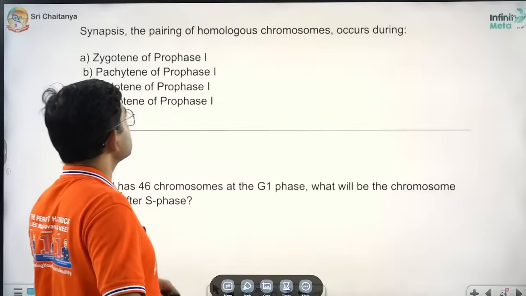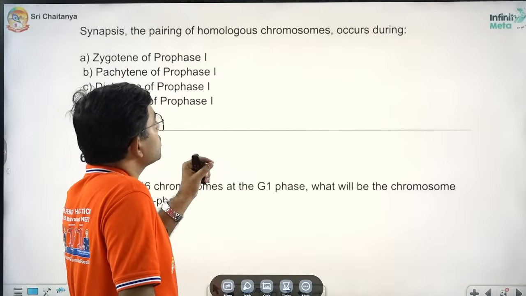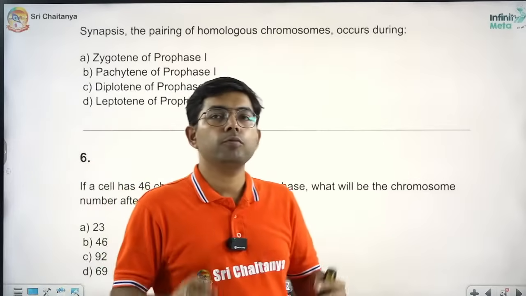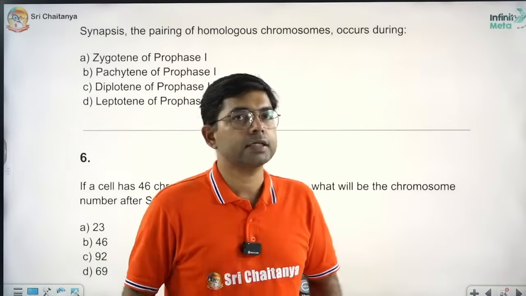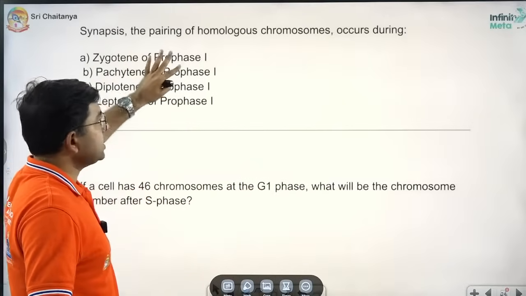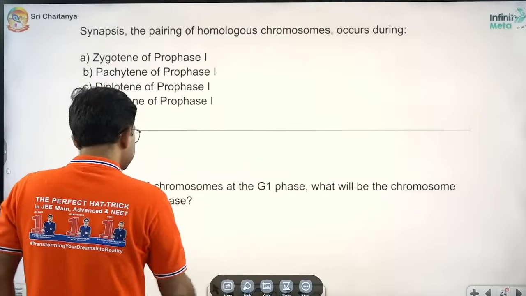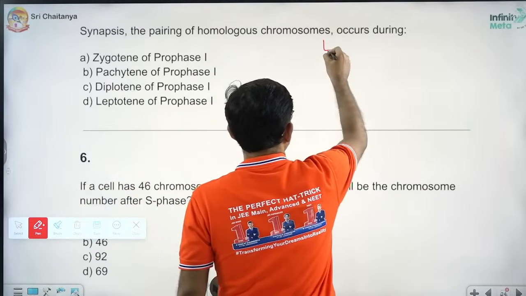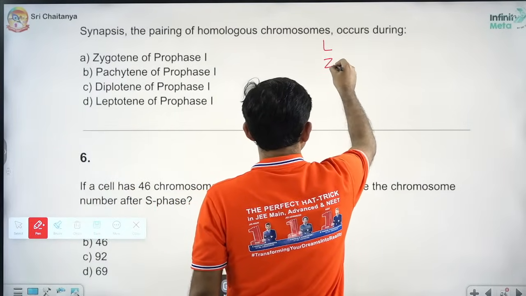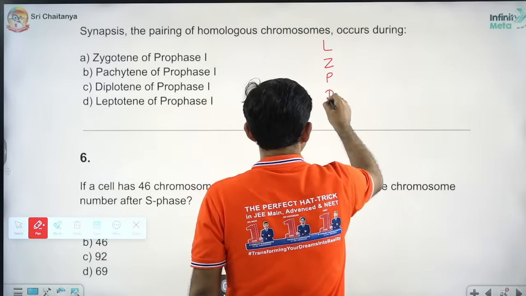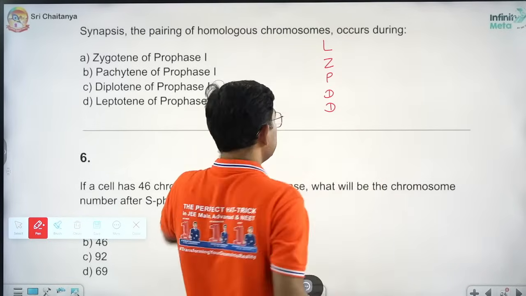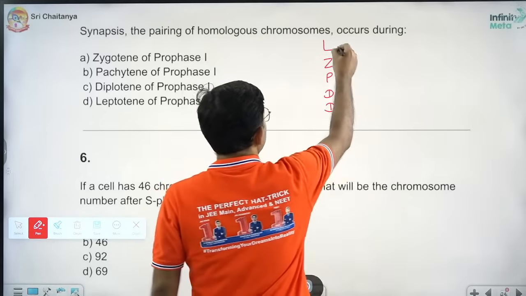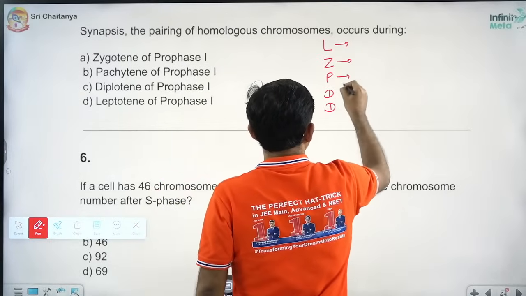Next, synapsis. The pairing of homologous chromosomes occurs during which phase? Synapsis is the pairing of homologous chromosomes. When does it take place? You know that prophase has 5 stages: leptotene, zygotene, pachytene, diplotene, diakinesis.